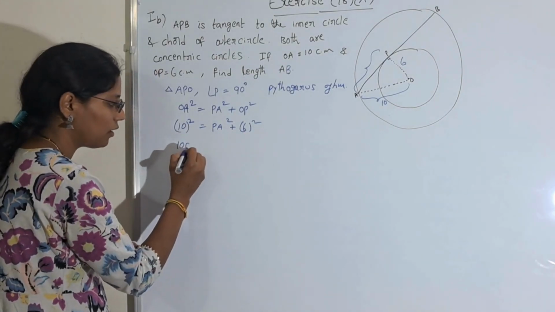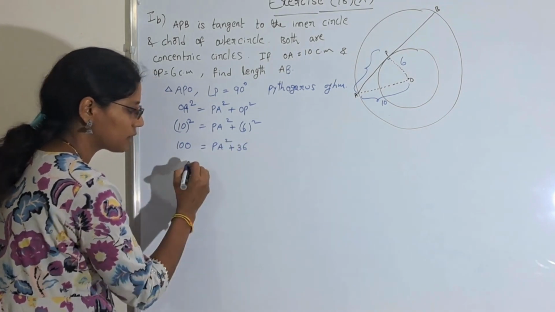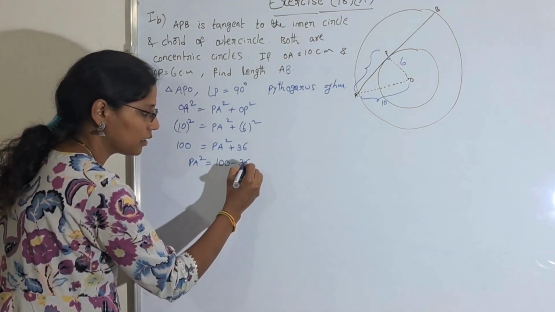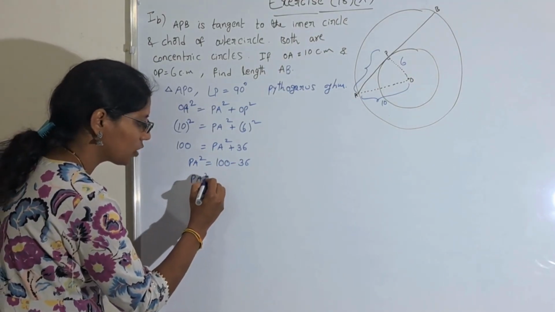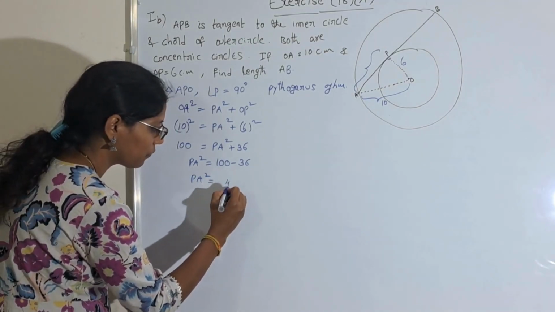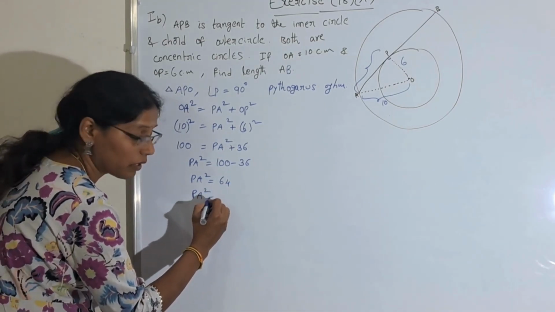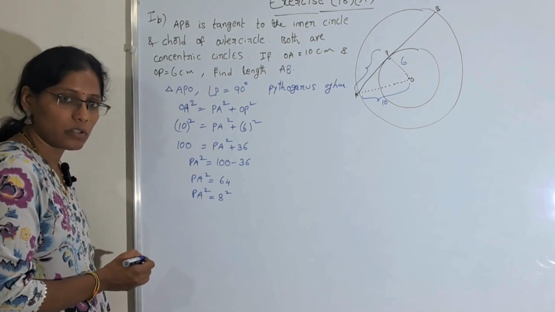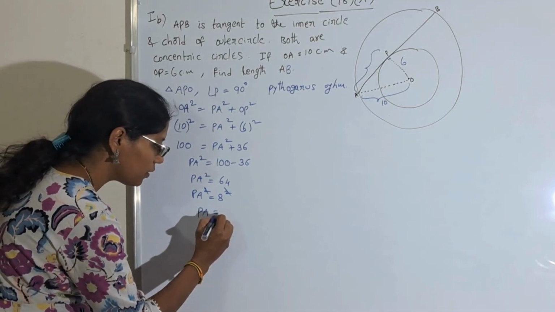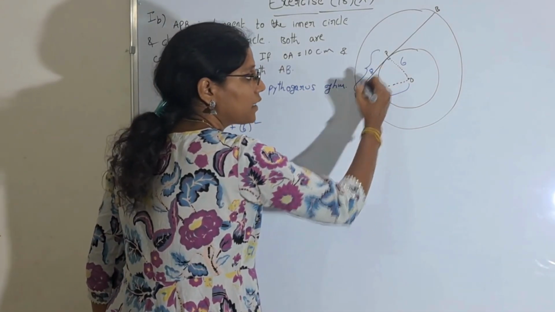Here 100 is equal to PA square plus 36. Here PA square is equal to 100 minus 36. Here PA square is equal to 64. Here 64 is the perfect square. What is the perfect square? 8 square it will come. Square, square cancel. Here PA is equal to 8 centimeters.